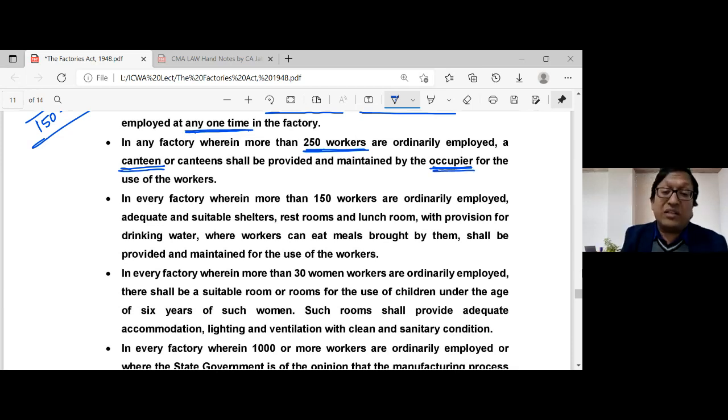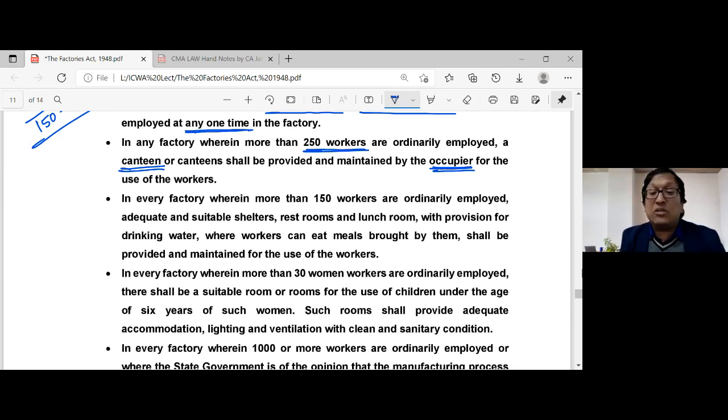If you have more than 250 workers, then you need to have a canteen in your factory. And in every factory wherein more than 150 workers are ordinarily employed, adequate and suitable shelters, restrooms, and a lunchroom with provision of drinking water, where workers can eat their meals, must be provided. If your factory is employing fewer than 250 workers, you will not have the canteen, not an issue.